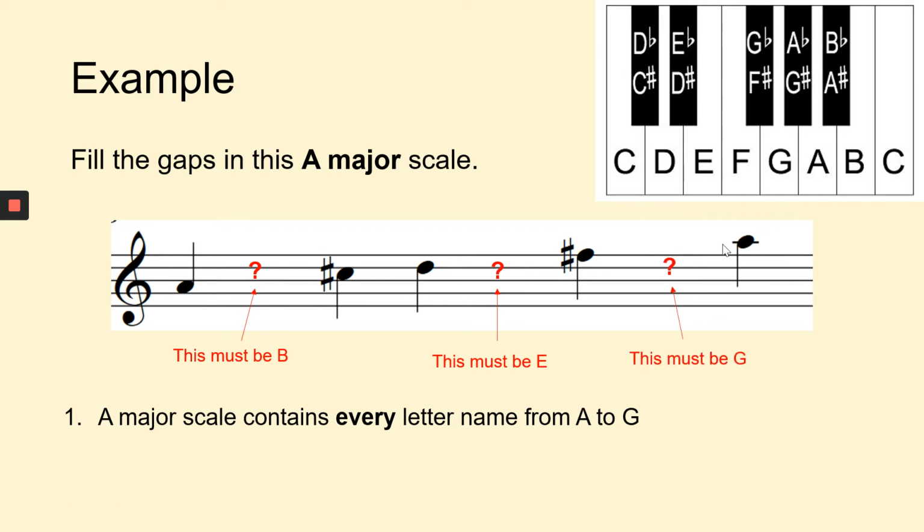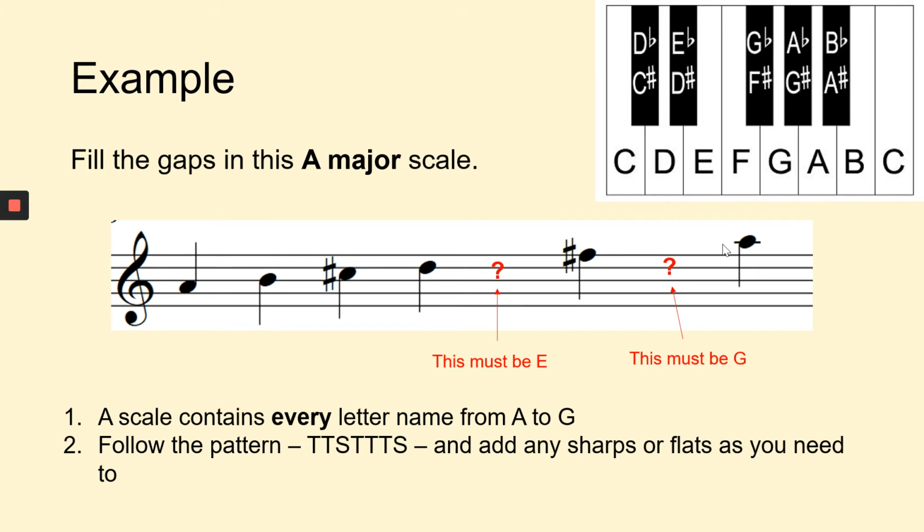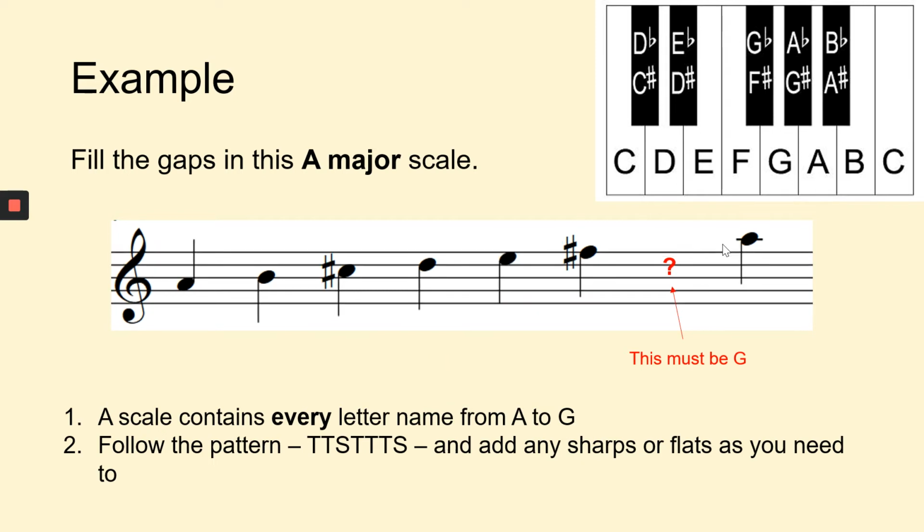Now these notes could be sharp, they could be flat, we don't know, but they have to be those letter names. Now, using our pattern, we can go through the scale and work out if we have to add any sharps or flats. So let's start on A. We go a tone up, that just gives us a B natural, a normal B. Go up to C sharp, go up to D. Then we go up by a tone from D, which just gives us a normal E, an E natural.